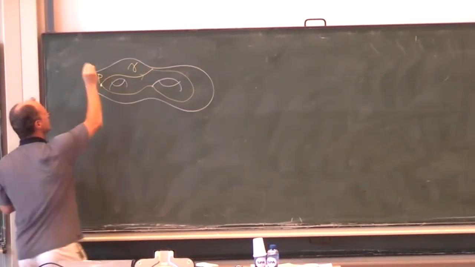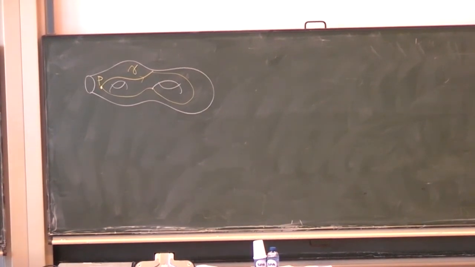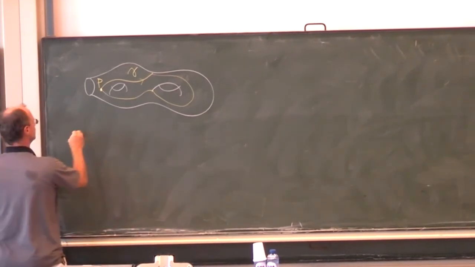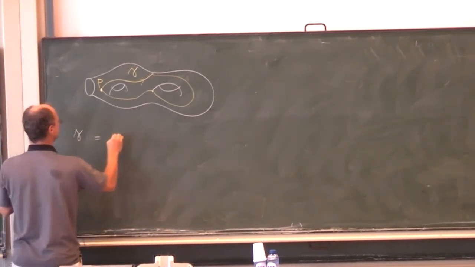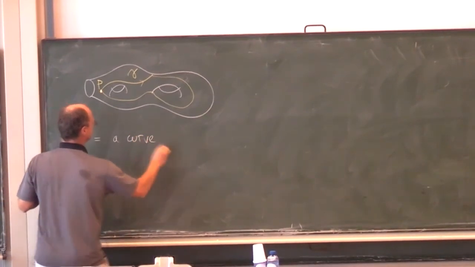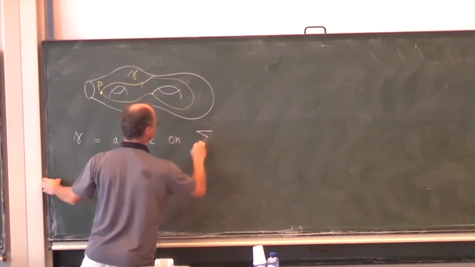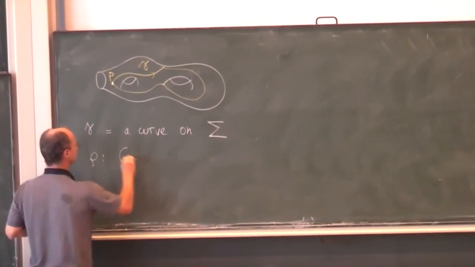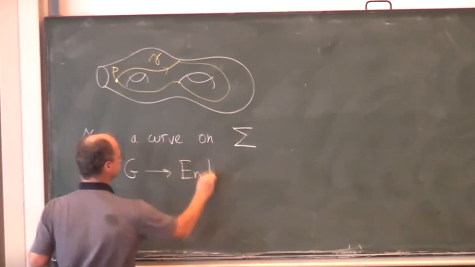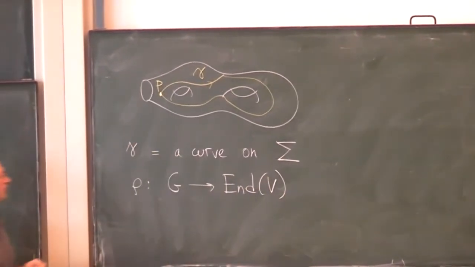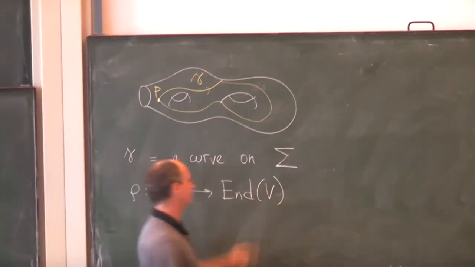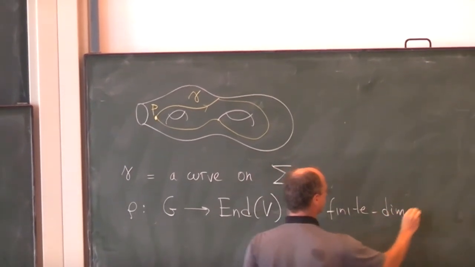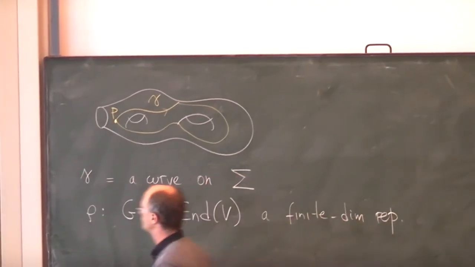Let's perhaps choose even a base point, but the base point will not be very important. So gamma, a nice curve on sigma, and let's choose rho, a map from G to endomorphisms of some vector space V, a finite dimensional representation.